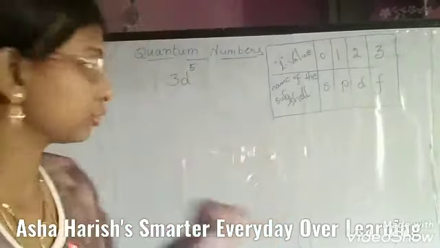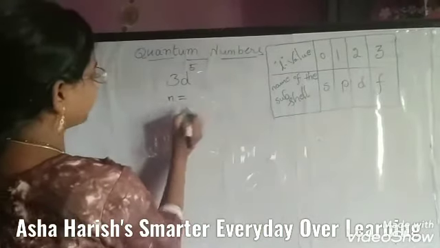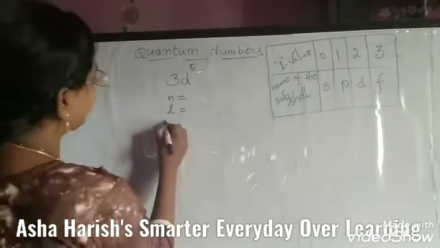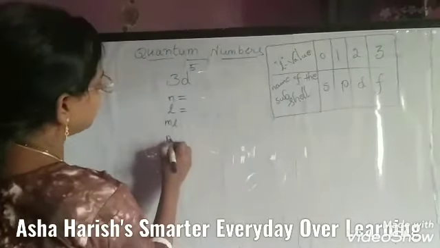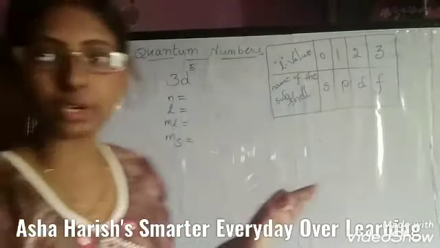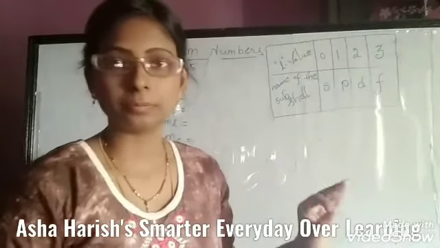These 4 values you should find out for this orbital, that is principal quantum number n and the azimuthal quantum number L and the magnetic quantum number ml and the spin quantum number ms. These 4 values you should find out for this 3d5 orbital. How it will be, let's see.